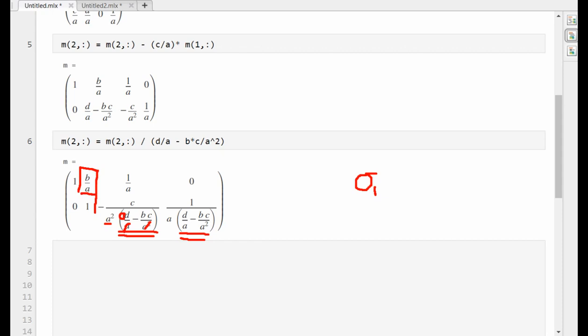Same thing will happen here. So a squared times sigma 1, what the Matlab is calling sigma 1, is actually the determinant of this original matrix. That's the determinant of what we were calling M, I guess.